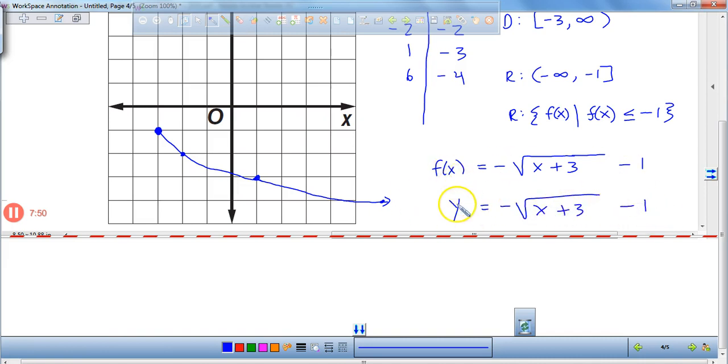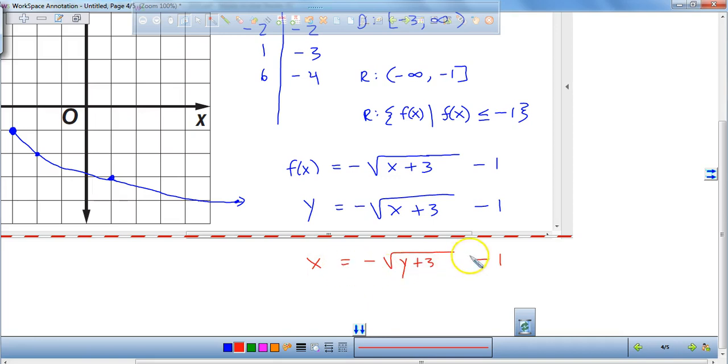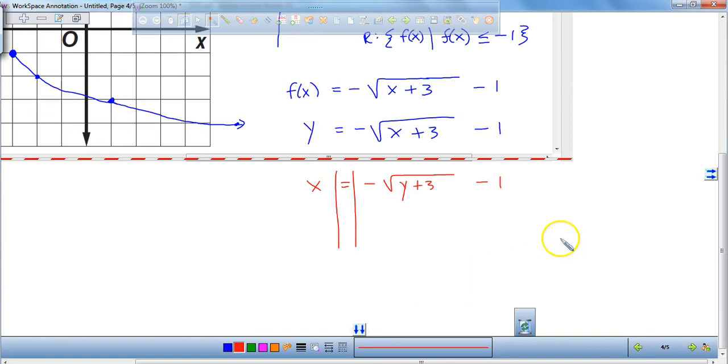Once you make f of x your y value, then step 1 is to exchange or swap the x and the y value. All right? So see what I did there? I swapped the x and the y value. And now all I'm going to do is solve for my new y value.